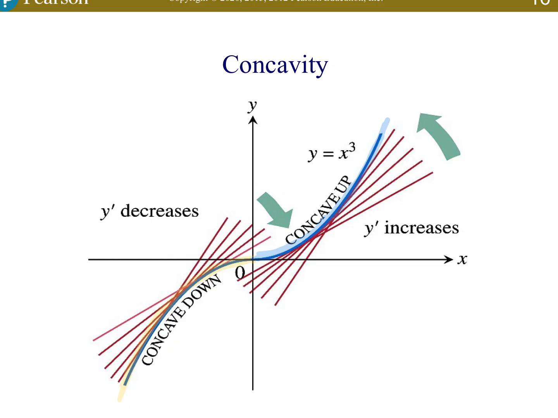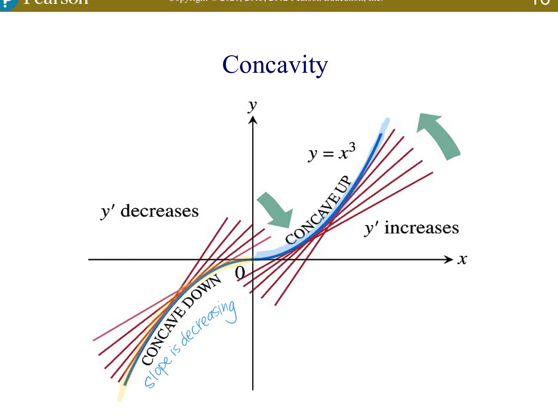So in a concave down section, the slope is decreasing. In other words, it's getting less steep. You can see it's starting to lose its bend. As it approaches 0, it becomes horizontal.